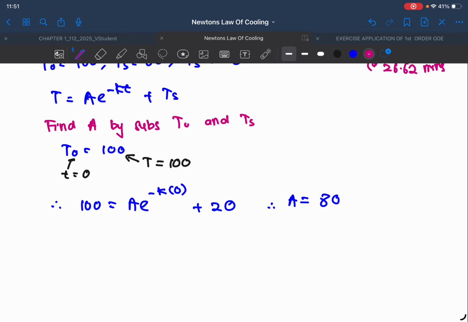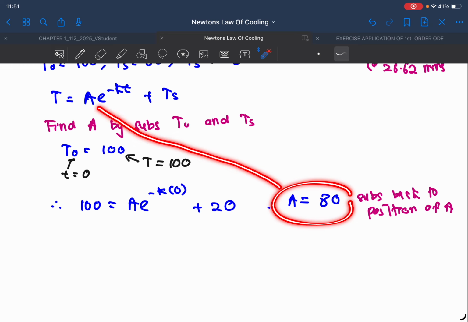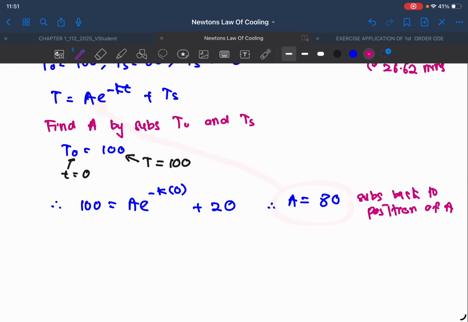Substitute back into the position of A, so your T will become 80 e to the negative kt plus 20 because our TS is equal to 20.